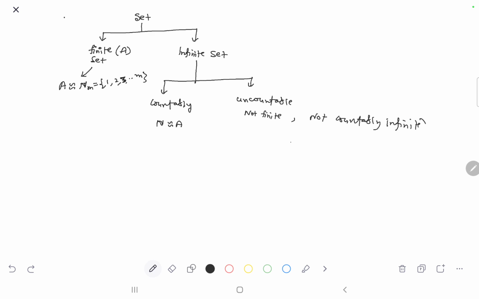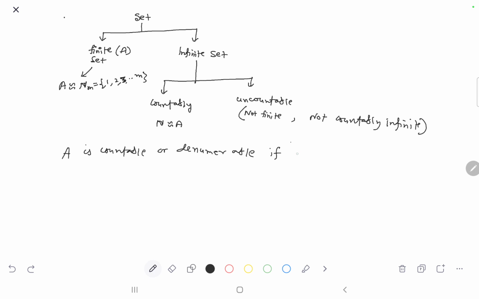And here they use the term countable set or denumerable set.